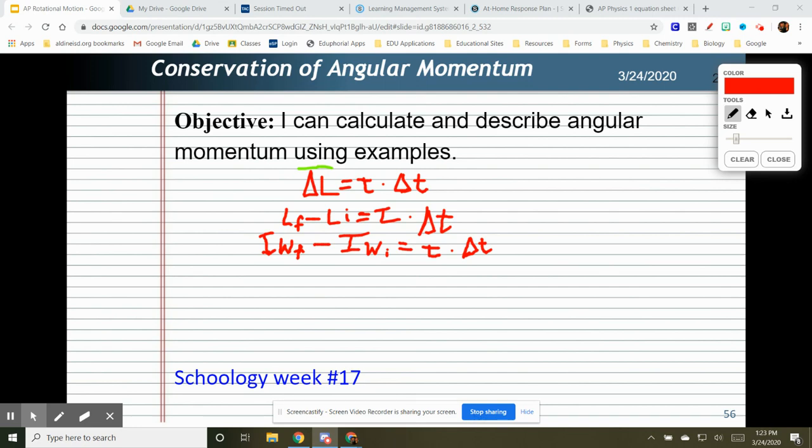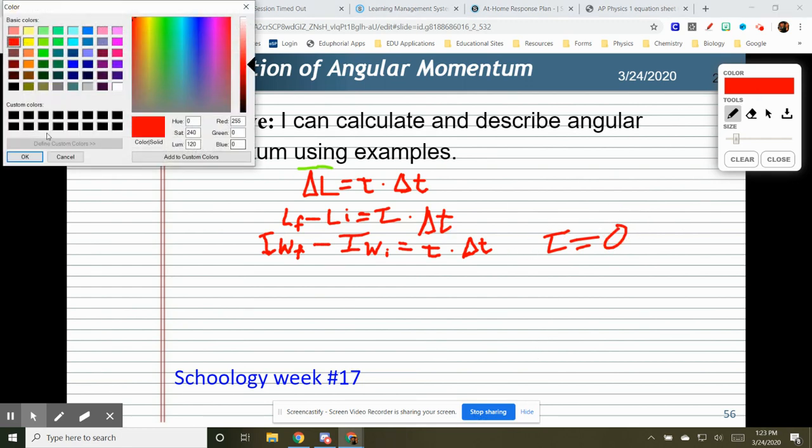What words would I change in that sentence so that it applies to angular? Very good. Jayla wants to say no net external torque, which means for our derivation here that there's no torque. Okay, so torque equals 0.